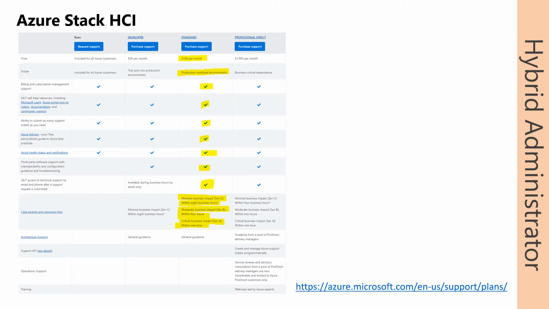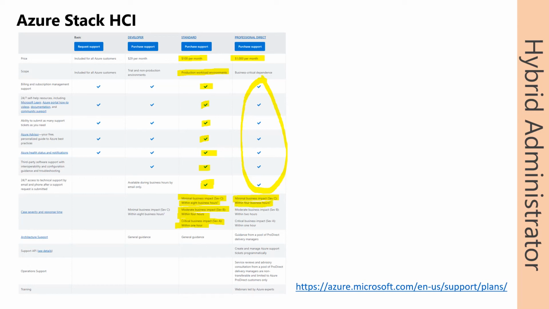The professional direct support is $1,000 per month. So it's 10 times the cost of the standard support. Here we have the same feature set, but the reaction time is different. With minimal business impact, we have a reaction within 4 business hours.